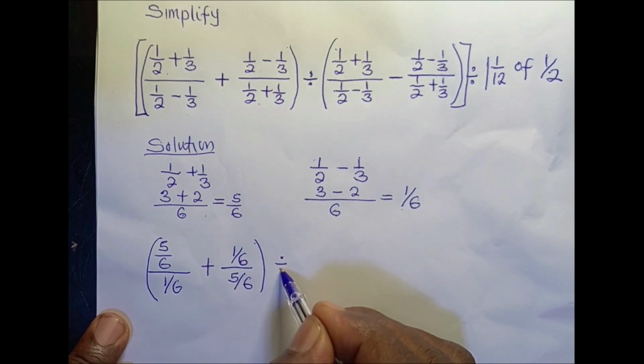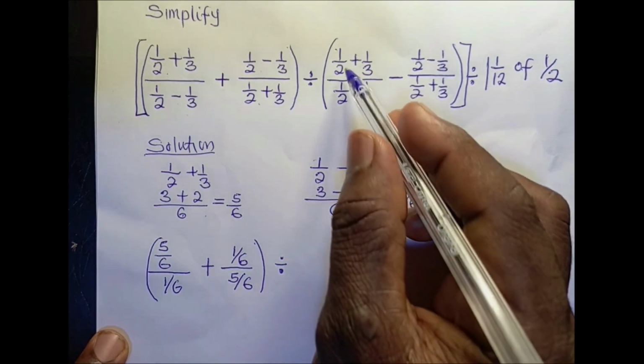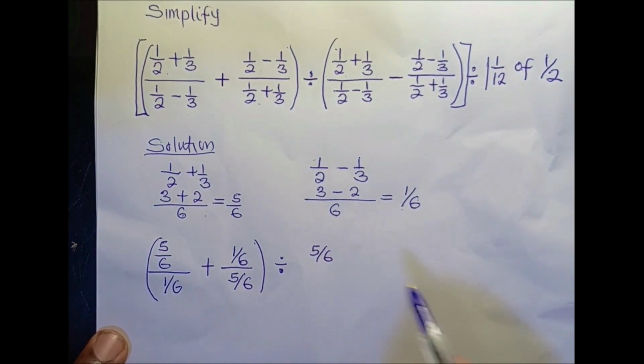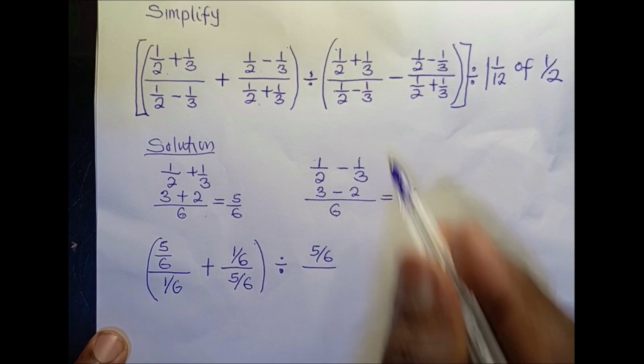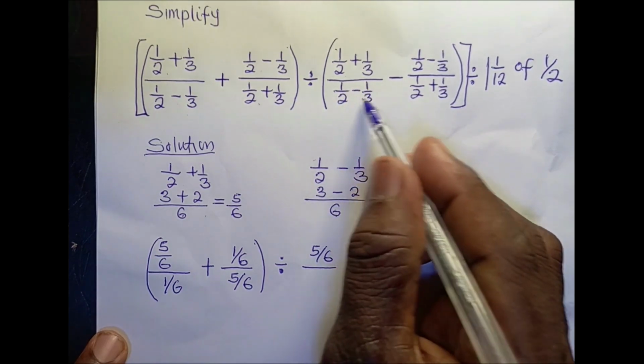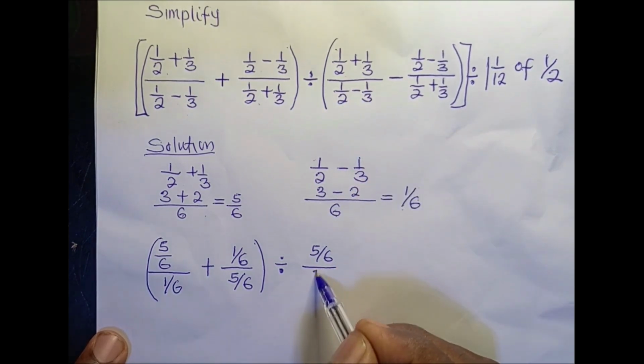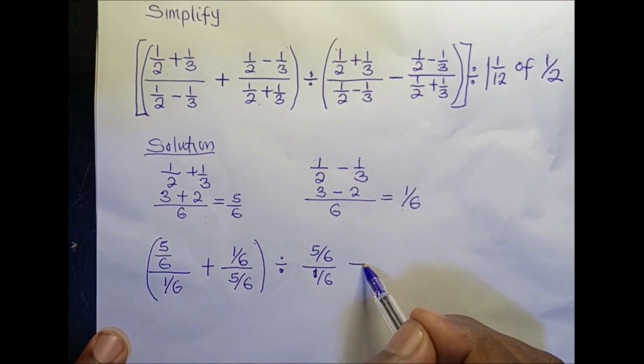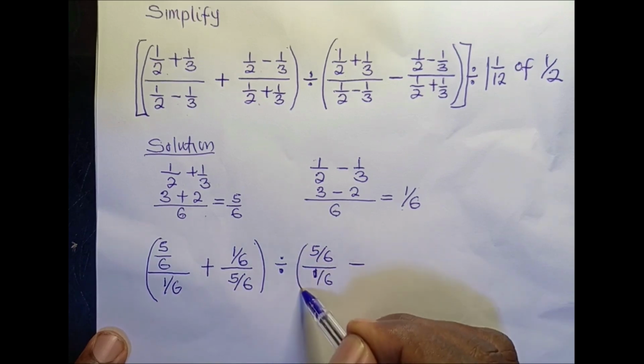Let's come to the second bracket. We have divided by, here the sum of this will give us 5 over 6, over just subtraction. The difference of this will give us 1 over 6. Here we'll go for the minus sign. Let's put that one in brackets.